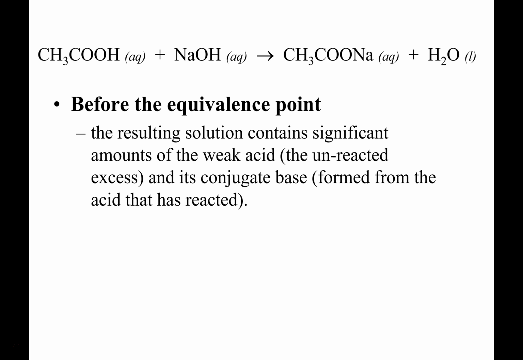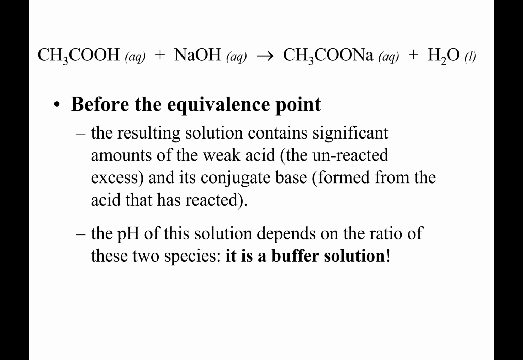So let's see, how do I want to do this? So we're going 25.00 milliliters. That was what we have in our beaker that we're titrating into. It's 0.1 molar. And at this point we have 20.00 milliliters, and it's also 0.1 molar.